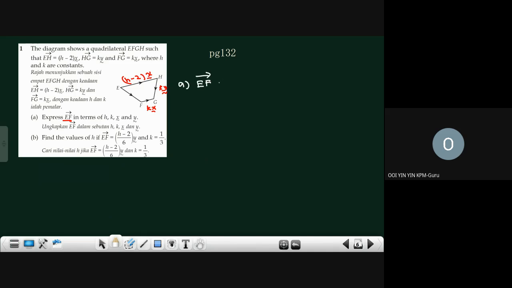This one you can use the polygon law. Follow E to F: start with your E to H, then later H to G, and then lastly G to F. We just follow the law, and you see your starting is E, and your ending here is F. In between, H is the same, and G here is the same, that means they are continuous.